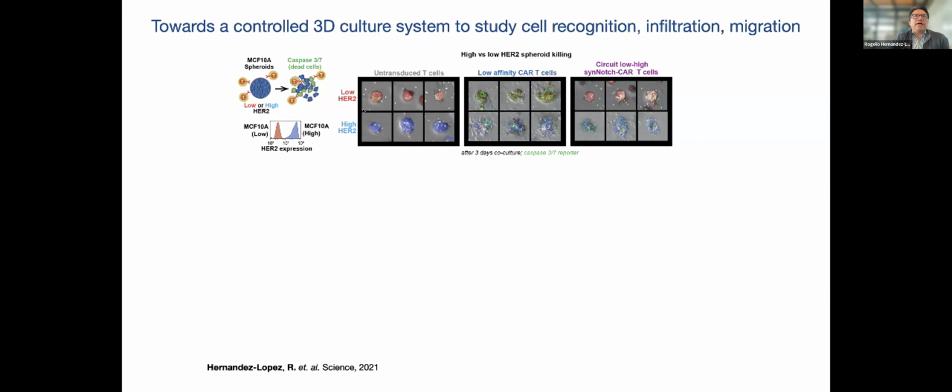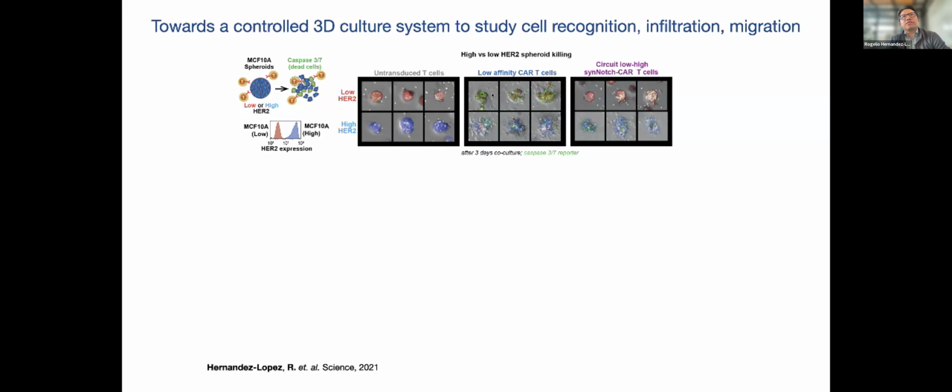If you co-culture these spheroids with T cells that do not have the receptor, nothing happens. Both spheroids are alive. Here I'm showing you representative images, but I'll show you in a moment histograms where we quantified hundreds of these spheroids to have the statistics.